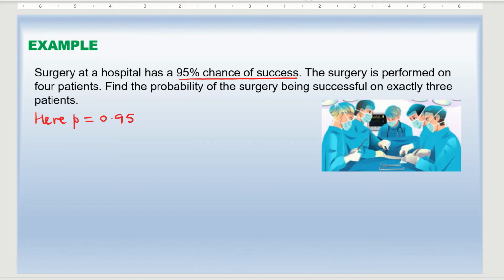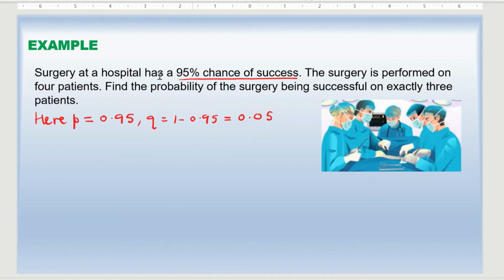That is the probability of success. So your q, which is the probability of failure, will be 1 minus p, or 1 minus 0.95, which is equal to 0.05. That is the value of q. The meaning of that is, if the probability of success is 95%, the probability of failure is 5%.